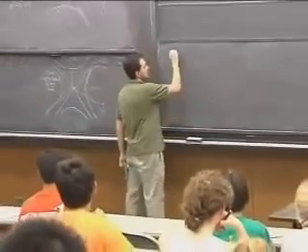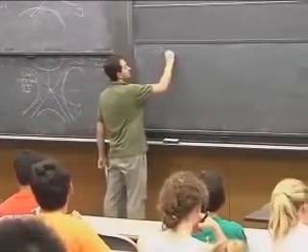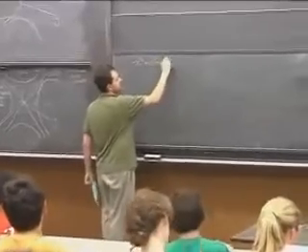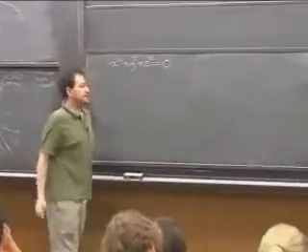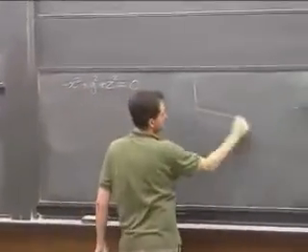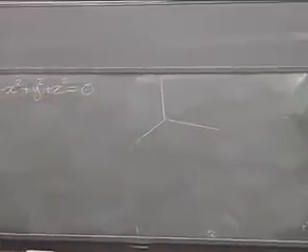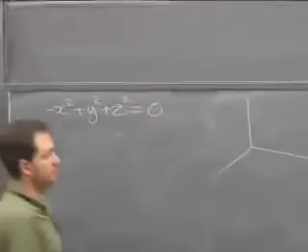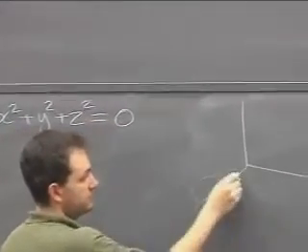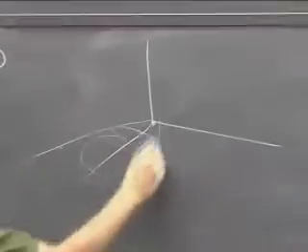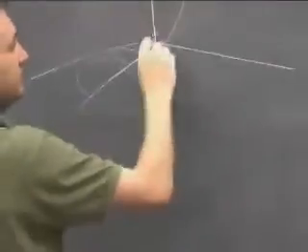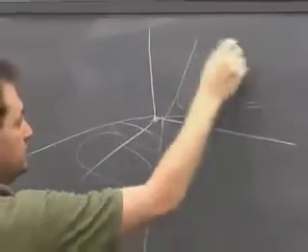It could be something like minus x squared plus y squared plus z squared equals 0, say. If that's the case, you have to just mentally reorient yourself and say, well, now the cone is along the x direction, so the circles have to be increasing along the x direction. So it becomes sort of hard to draw.